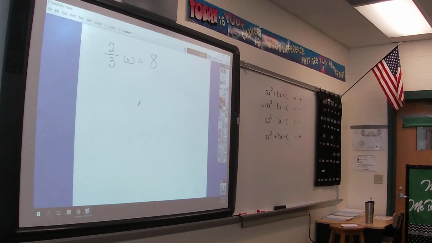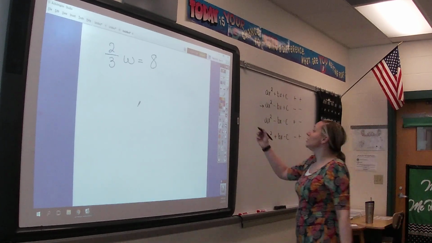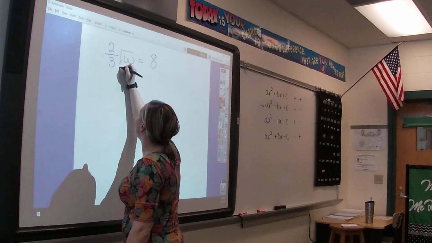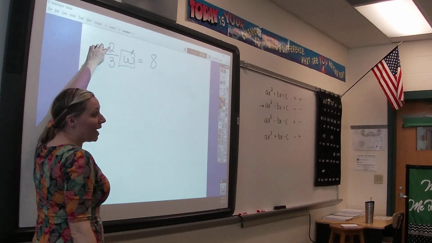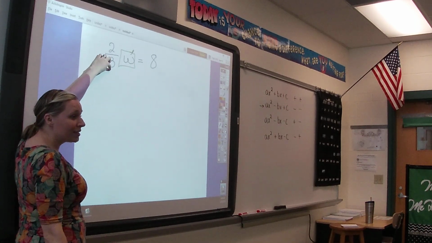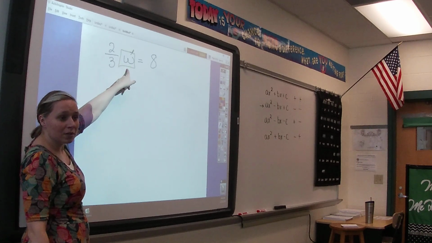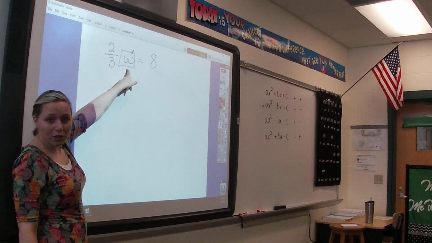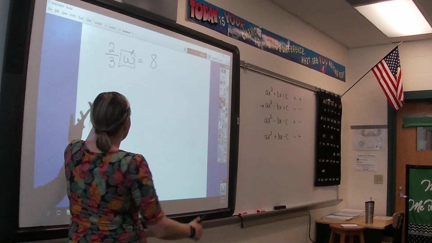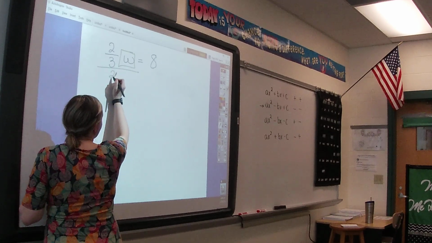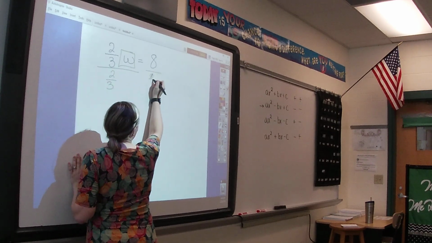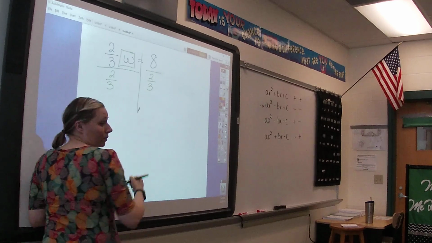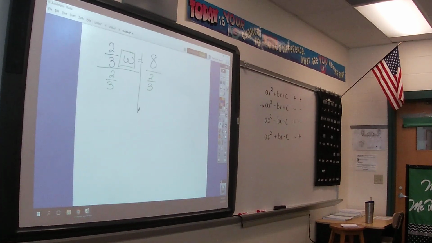There are other ways to solve this. If you want to get this W by itself, this says 2/3 times W. And how do we undo multiplication? Divide. So it's okay if you divide this entire thing by 2/3. You can type into your calculator 8 divided by 2/3.